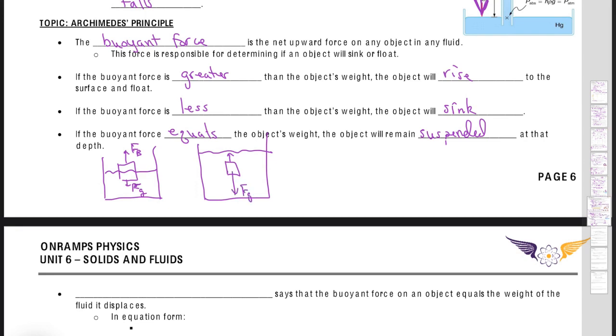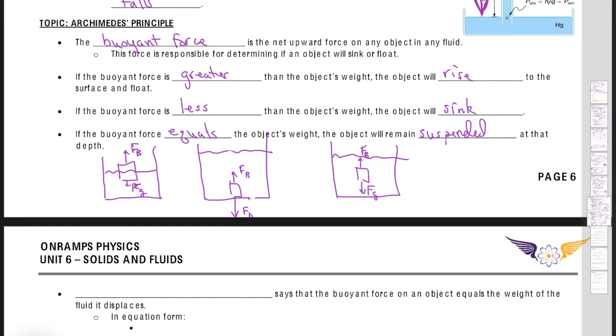In actuality, this object would be down at the bottom of our vessel here, so my FB would be less than my FG. And if they're equal, you can place it anywhere in here and it'll just be suspended. It'll look like it's just kind of hanging out in there. And so sink, float, rise, okay?